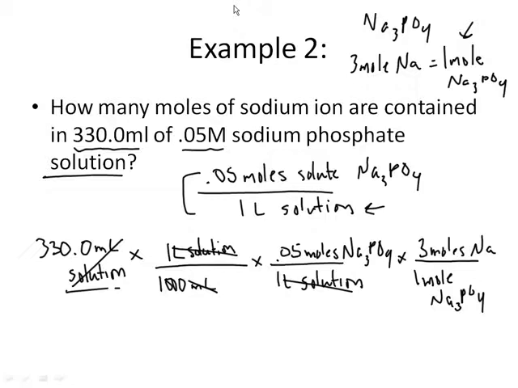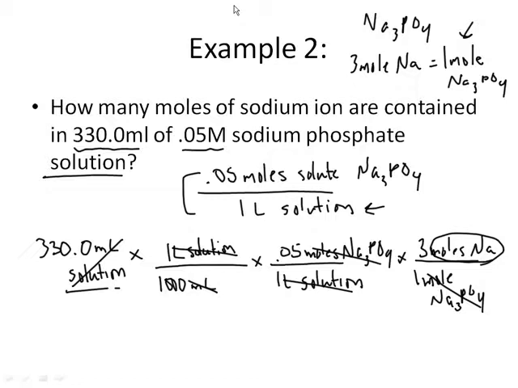And at this point, my moles of sodium phosphate cancel out. I'm left with moles of sodium. So just put it into your calculator. 330 divided by 1,000 times 0.05 times 3 gives me 0.0495.